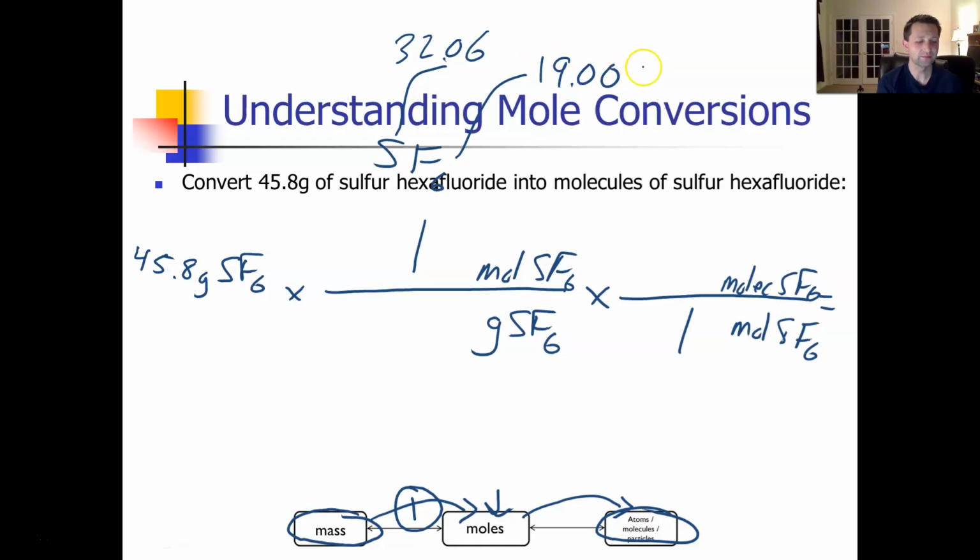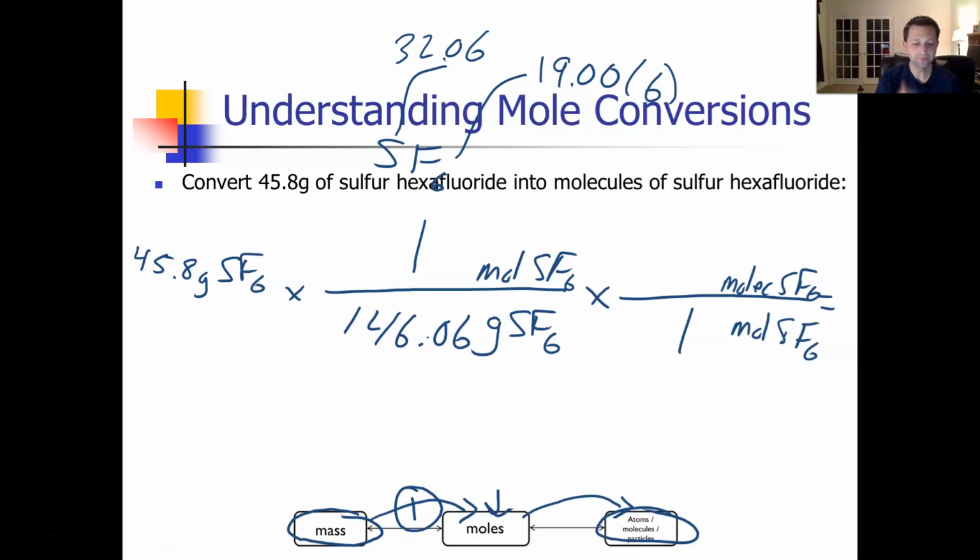You have to multiply that by 6. Okay, so 32.06 plus 19.00 times 6 gives you the molar mass of SF6, which comes out to be 146.06 grams of SF6. Okay, so straight from the periodic table, you figure that out.